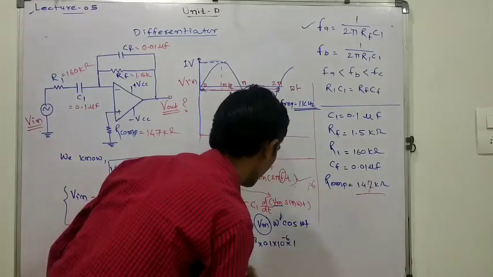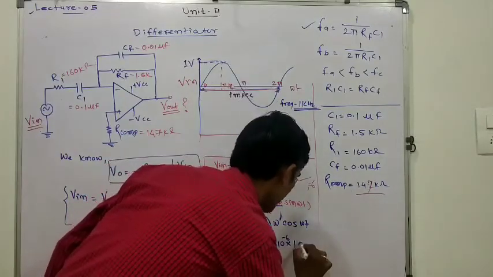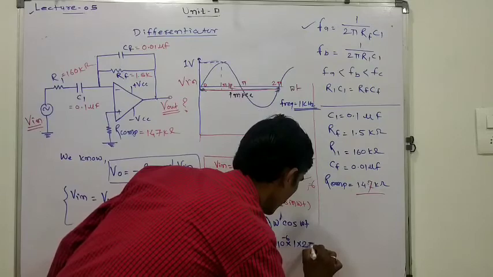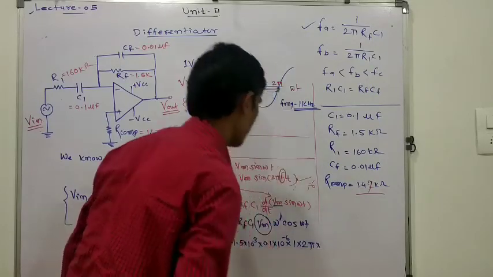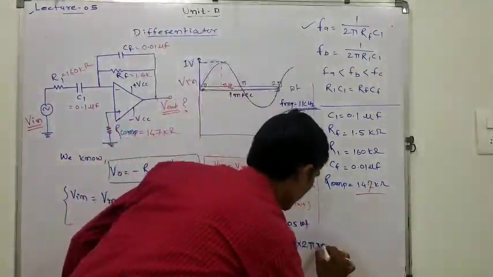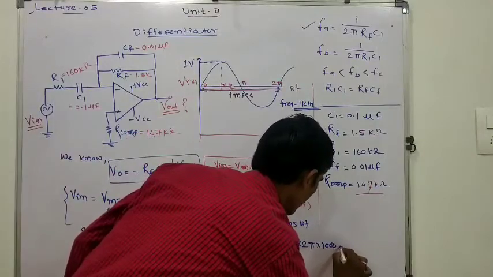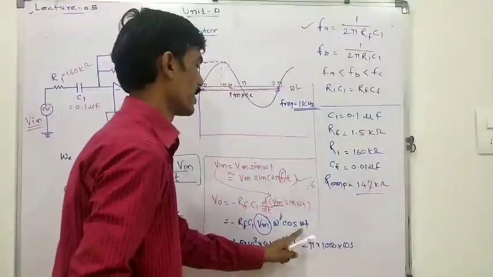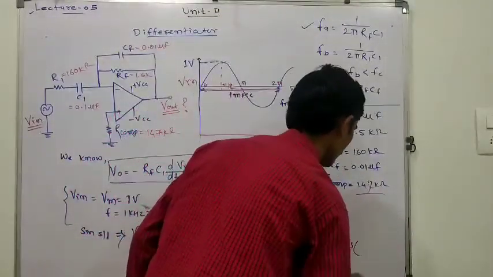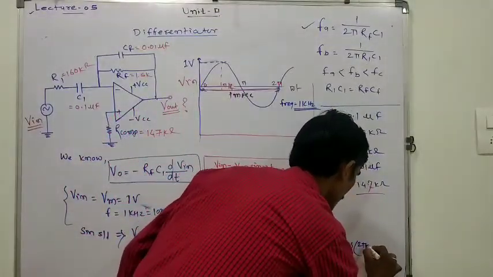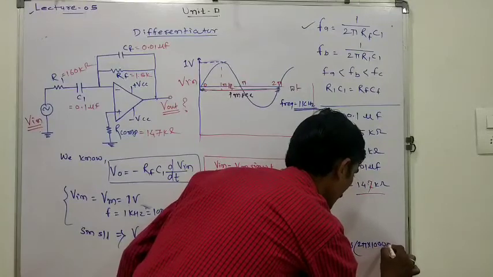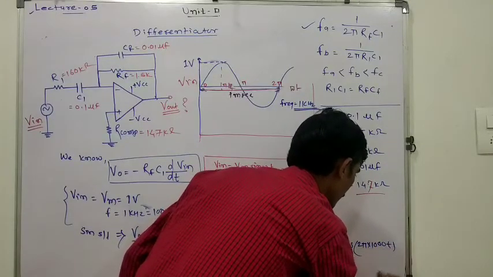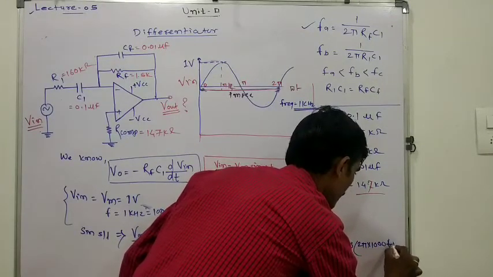And this omega is nothing but 2 pi into f, where f is 1k, so 1000 into cos of omega t. Omega t means 2 pi into 1000 t, where t is the time.